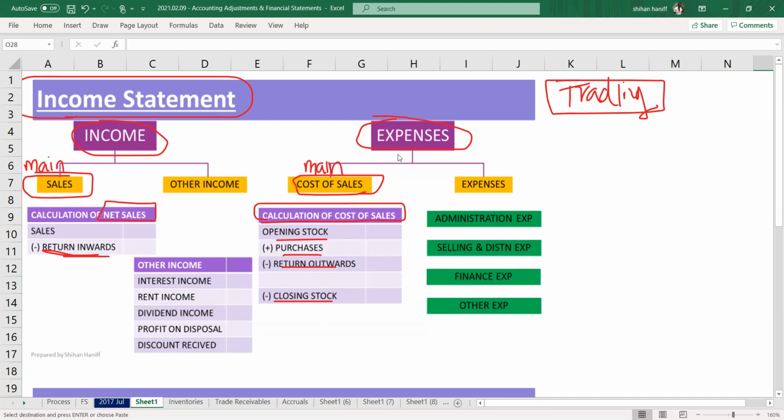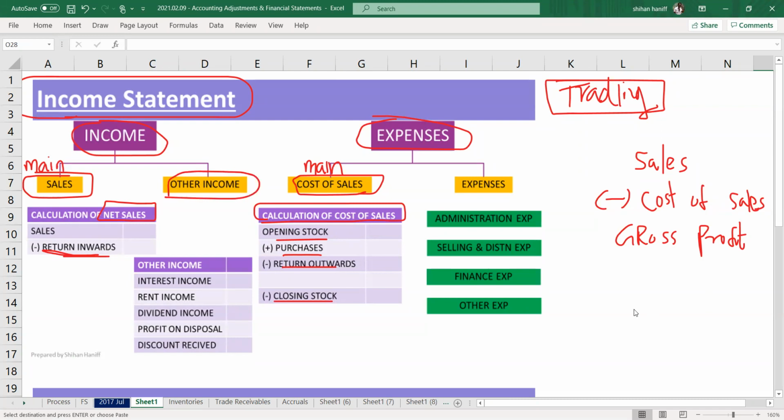Right? So when calculating the profit, initially we take the main income minus the main expense, cost of sales. If we deduct the cost of sales from sales, the answer that we get is equal to gross profit. Then we add all other income.